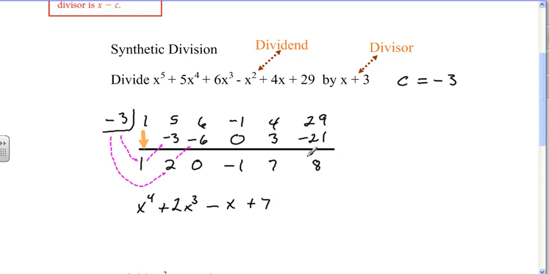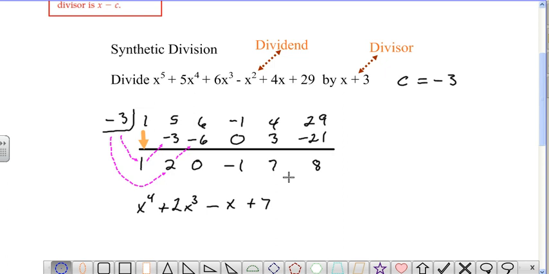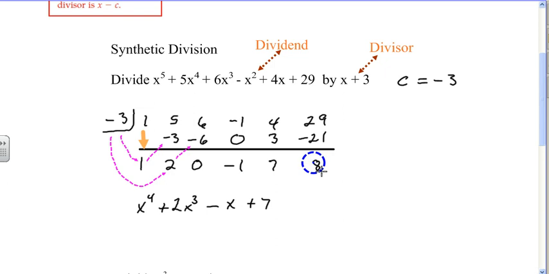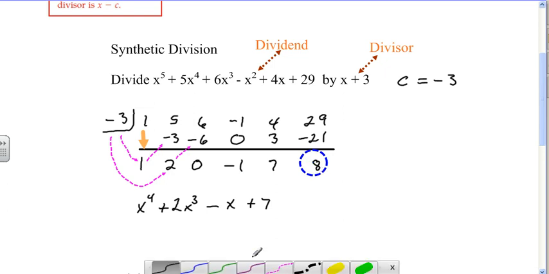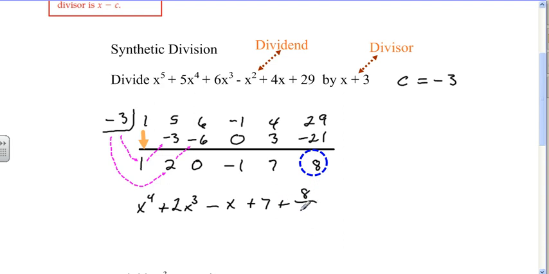And this number here is always our remainder, and so we express our remainder as a fraction, so 8 over x plus 3, so it's over our divisor. Okay, and that's the process of synthetic division.